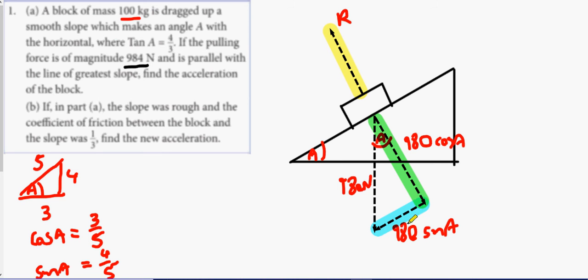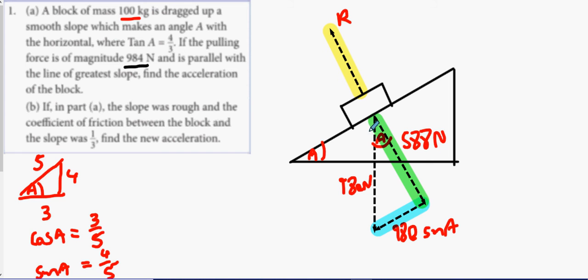So you're going to do 980 cos A, so it's 980 times 3 over 5, which is 588 newtons. That's 588 newtons downwards.